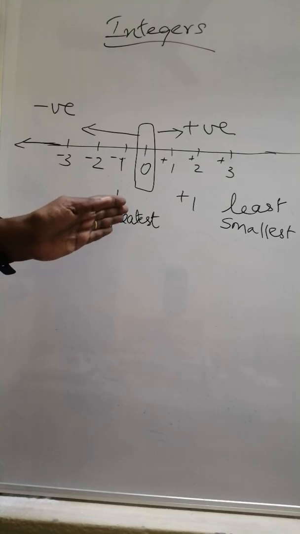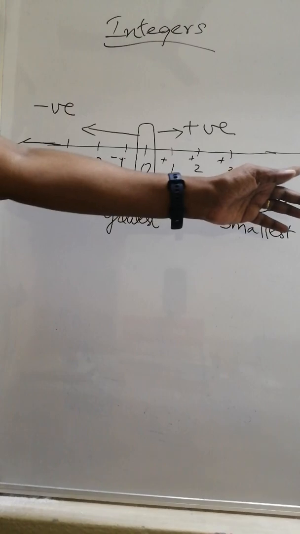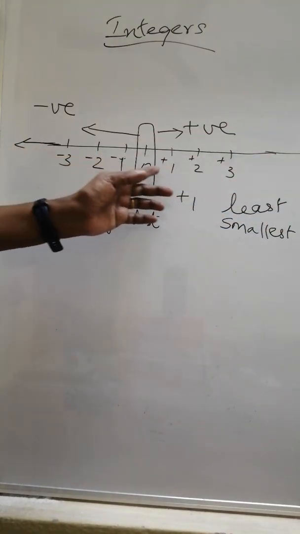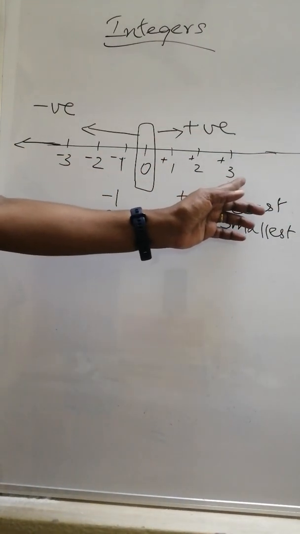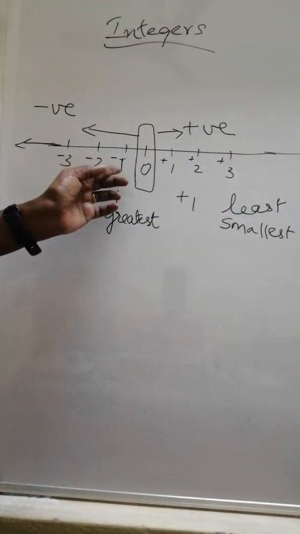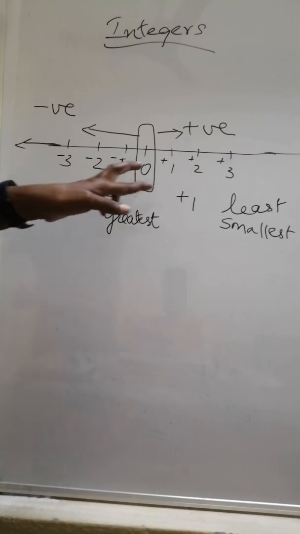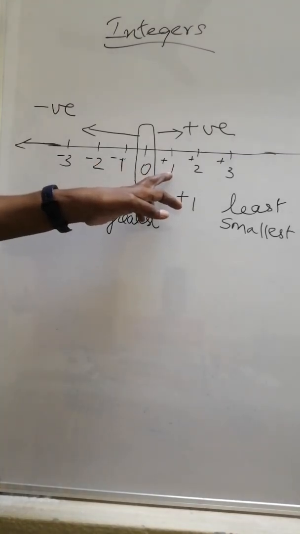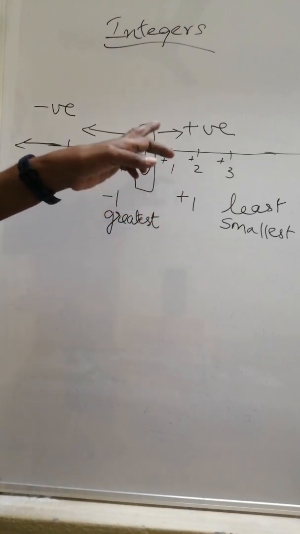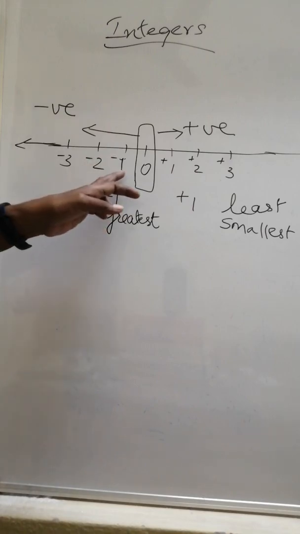It denotes what happens in our life. See, when there is an up, that is when the numbers go right, their value increases. But when it comes to the left, their value decreases. Here the positive 1 is the smallest, but here the same one which is carrying that negative sign is greatest.